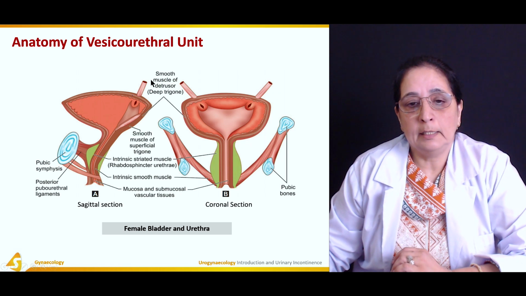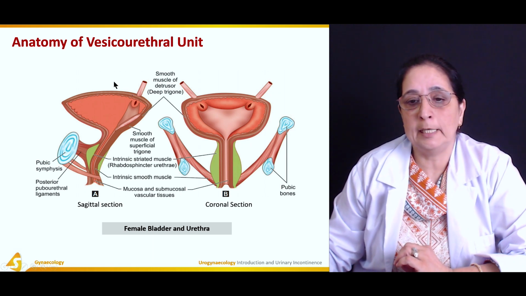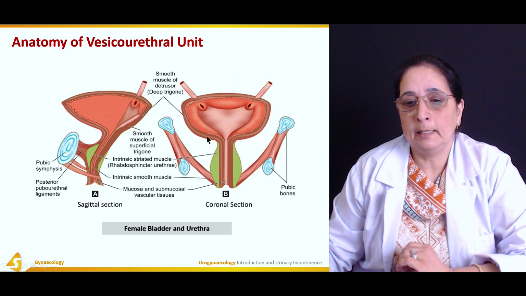Then these are the ureter openings. The ureter opens into the urinary bladder, one on each side here. So these are the ureteral openings. And then the opening of the bladder into the urethra.